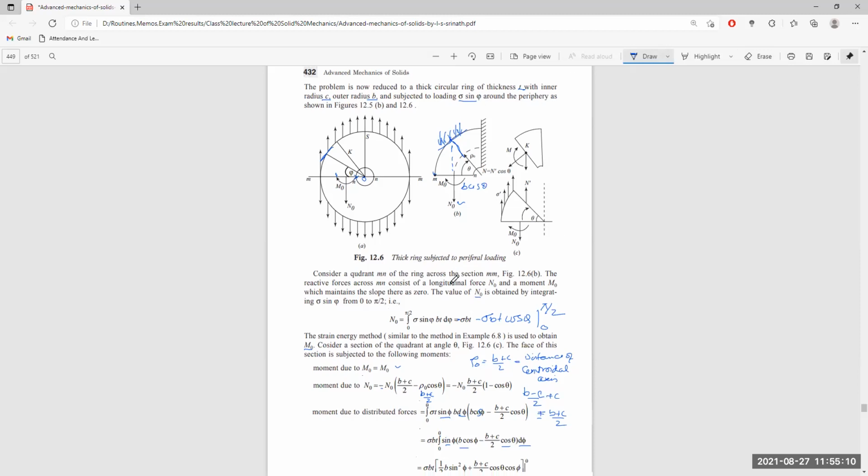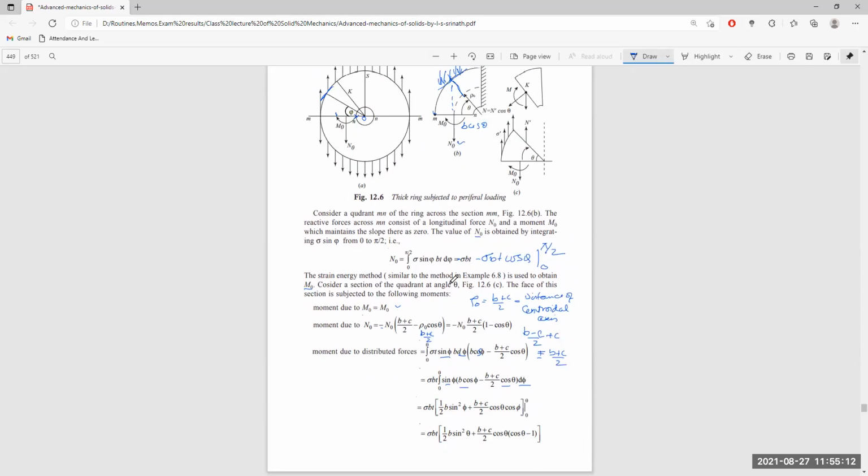So b cos phi is the distance of this point of our consideration here, minus (b plus c) by 2 cos theta itself. You simplify a bit here, and next we are making sine phi multiplied by b cos phi, and (b plus c) by 2 cos theta multiplied by sine phi itself.